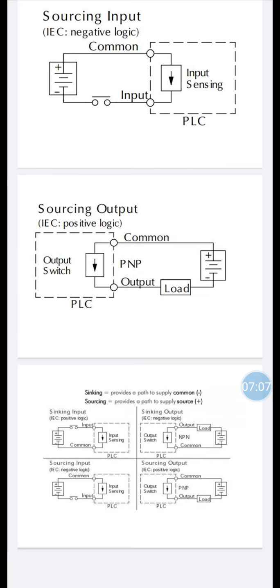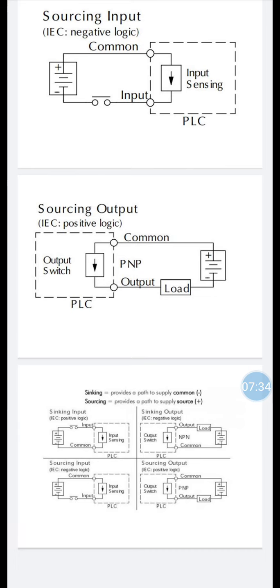The common terminal connects to one polarity and the input output connects to the other polarity through the field device, and this provides flexibility in making connections to the power supply in the field.